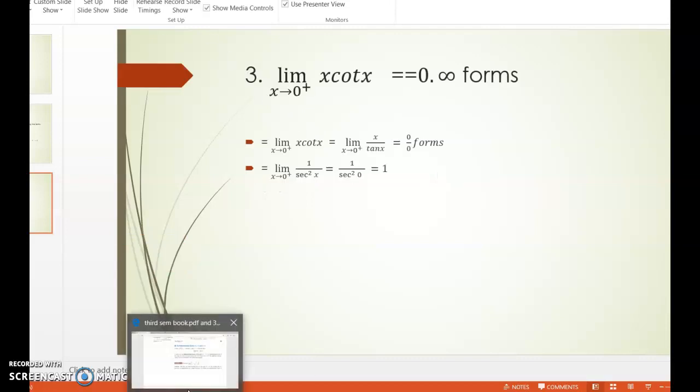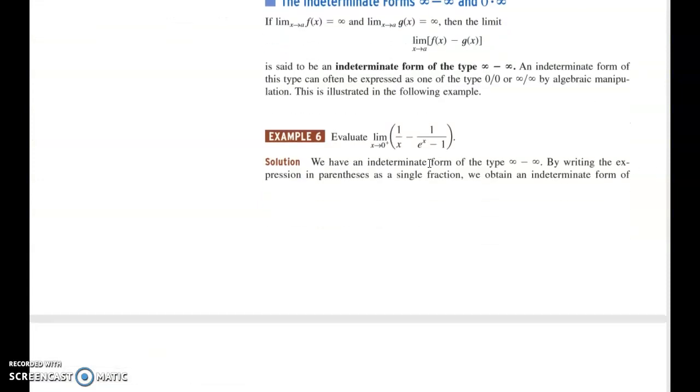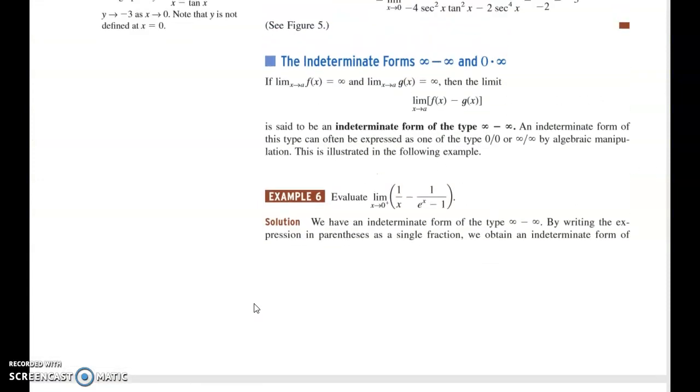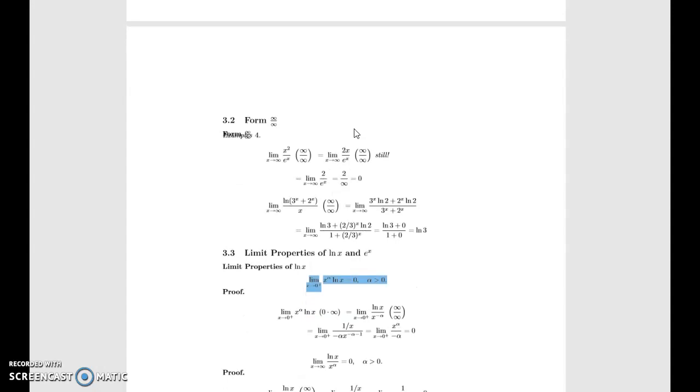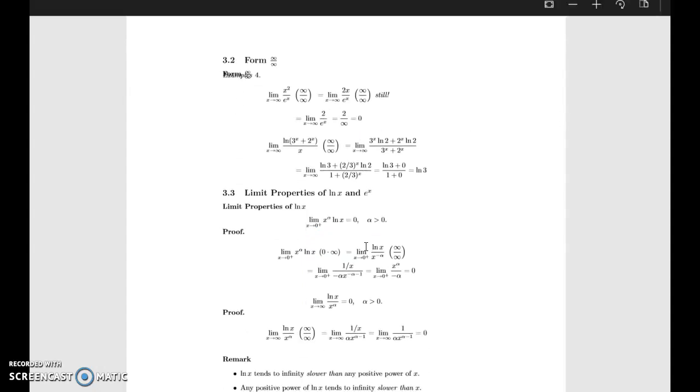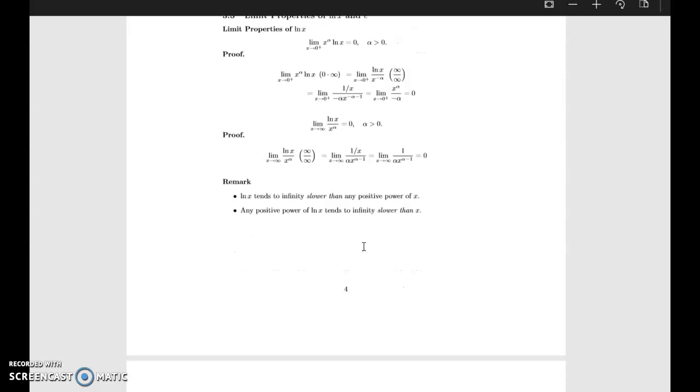Next we have to do some more problems related to this. This is infinity by infinity form.